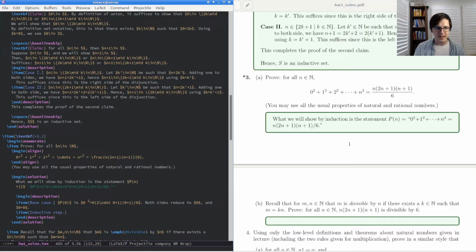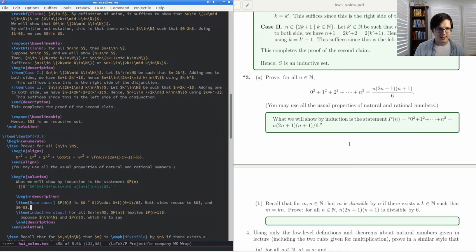So the inductive step is for all n in the natural numbers, P of n implies P of n plus 1. So suppose n is a natural number and P of n is true, which is to say that this is an equality.